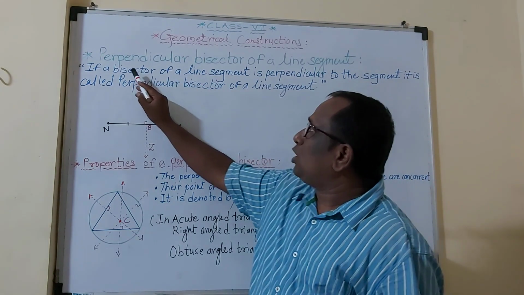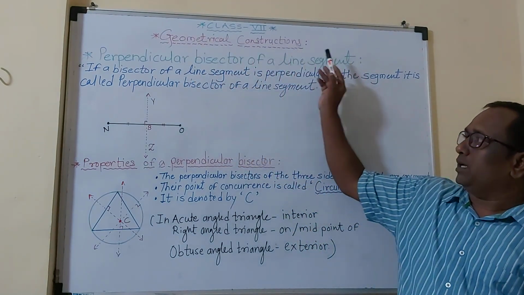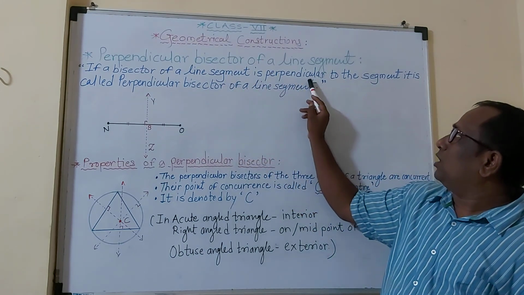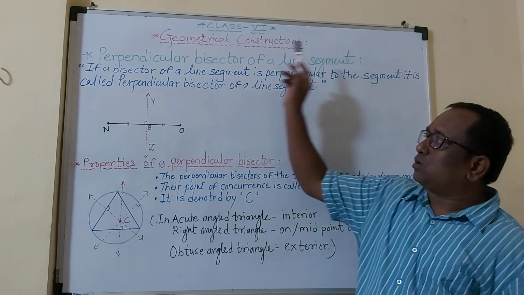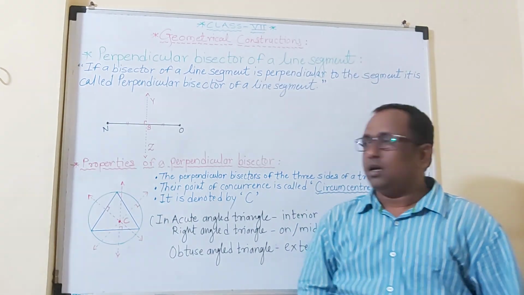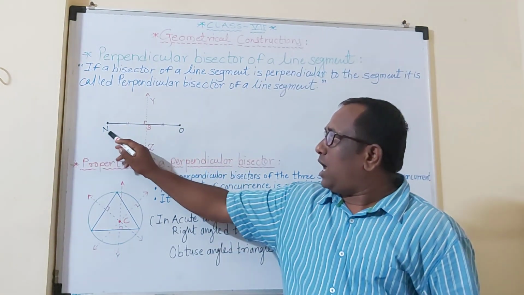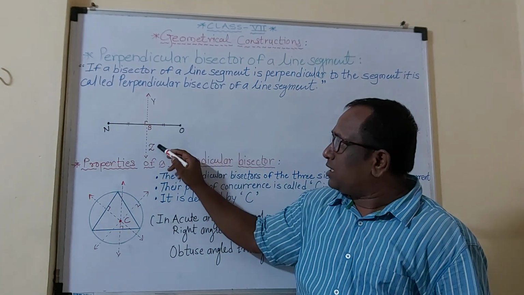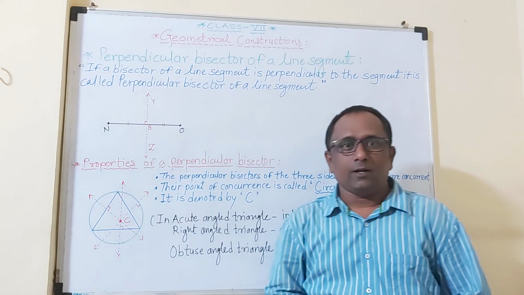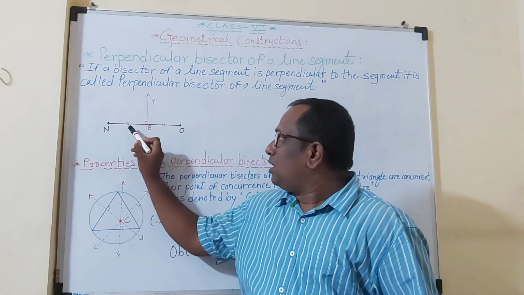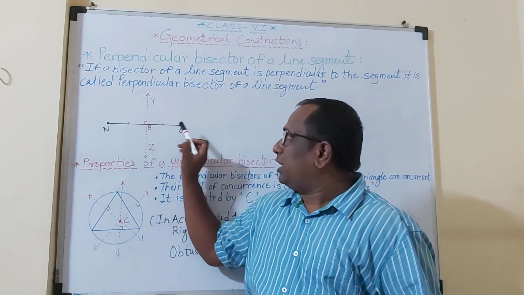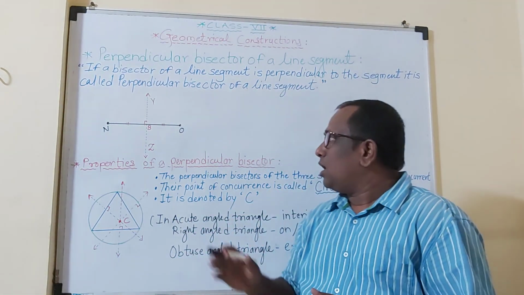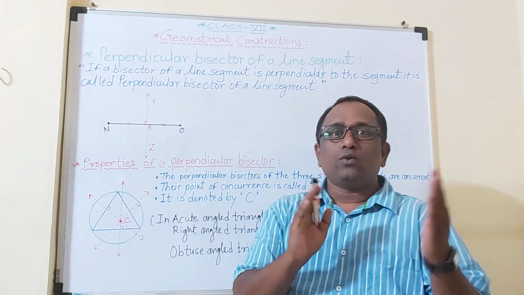Now, the definition of perpendicular bisector of a line segment: if a bisector of a line segment is perpendicular to the segment, it is called perpendicular bisector. Means here NO is a line segment and YZ is a perpendicular bisector.